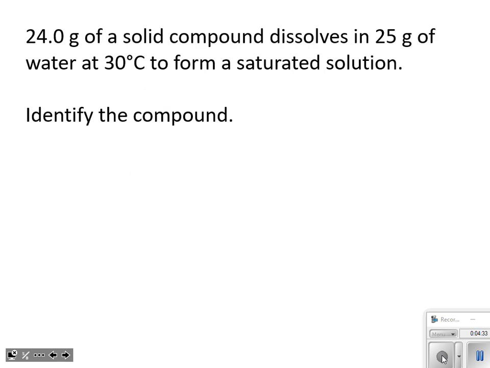Here's another one. 24 grams of a solid compound dissolves in 25 grams of water at 30 degrees Celsius to form a saturated solution. Identify the compound. Well, once again, my chart is based on 100. And I have how much? 25. So how am I going to get 25 to 100? Multiply by 4.